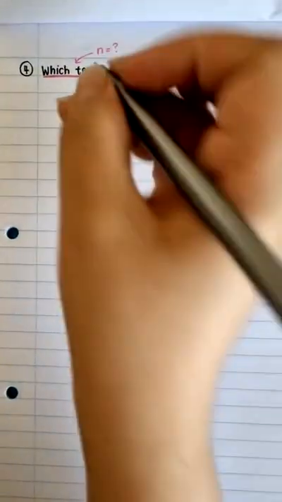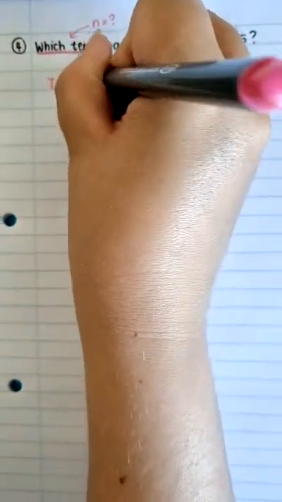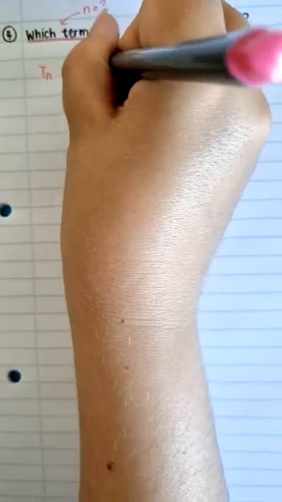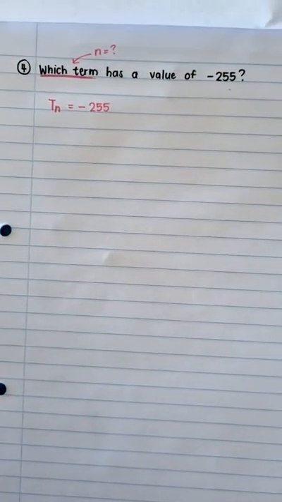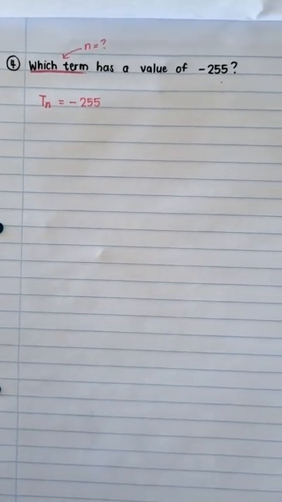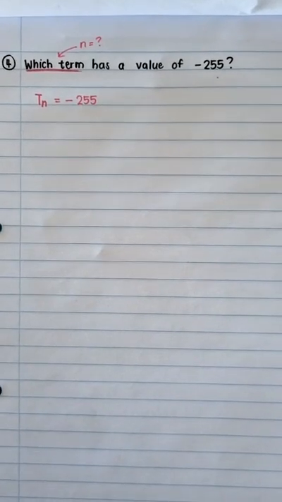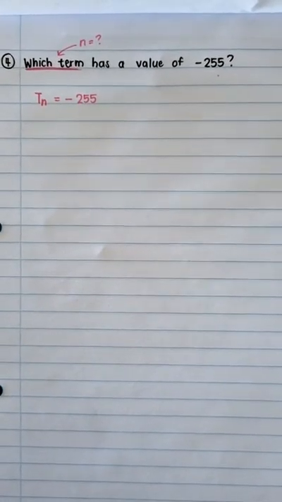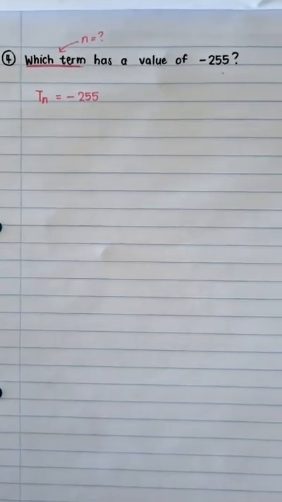So what we're going to do is say that term n is equal to negative 255, right? The general term is negative 255, and we now need to figure out what that term number is, what that n is. All right, we have an answer here. We'll see now if that is the correct answer.